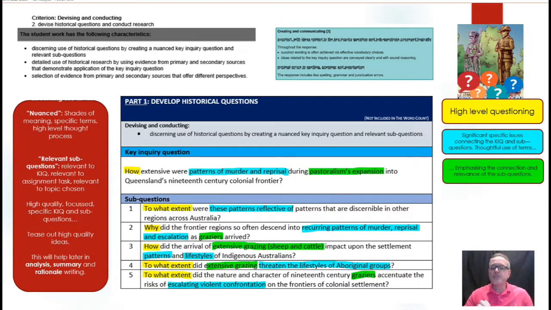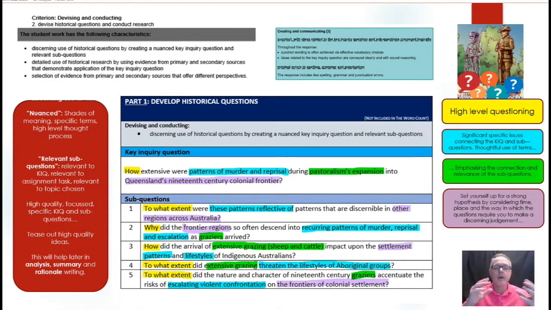We're going to emphasize the connection and the relevance of the sub-questions to the key inquiry question, perhaps by using similar words, similar concepts. You shouldn't be going off on tangents. All of these ideas relate. So when you're looking at the green highlighting, you hopefully can see a connection of ideas.